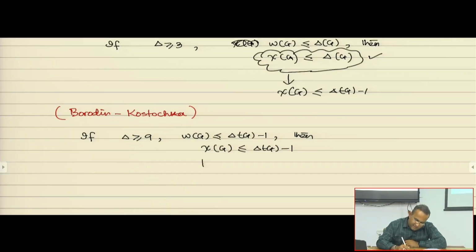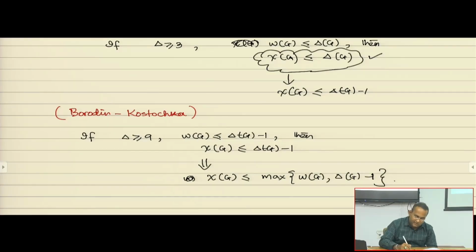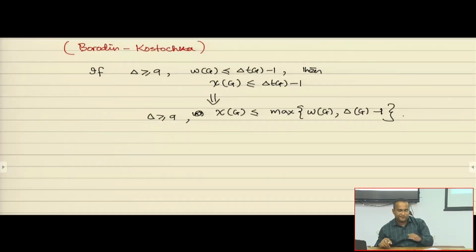Or in the same language, chi of g is less than or equal to the maximum of omega of g and delta of g minus 1. Here delta is 9. Okay.